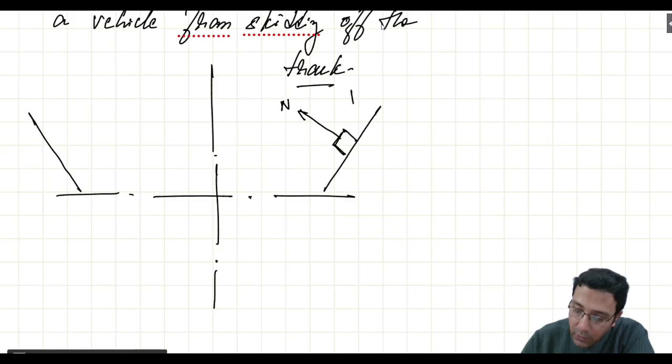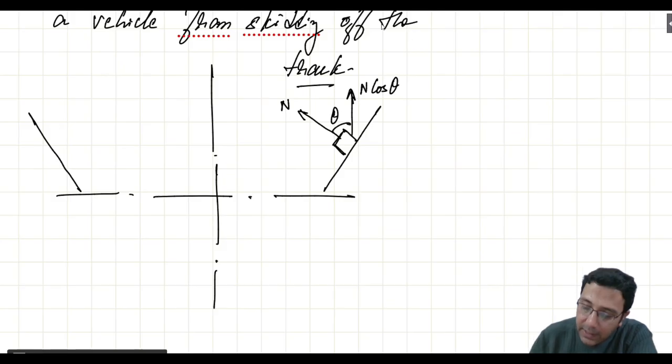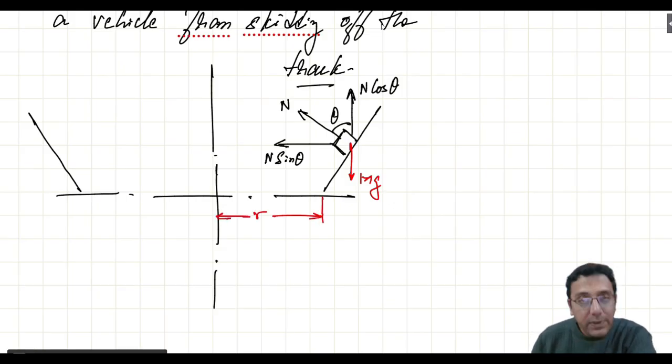If I draw, there will be a vertical component, let's say n cos theta, and a horizontal component towards the center, n sin theta. Of course, mg will be down, and this will be the radius of the path.